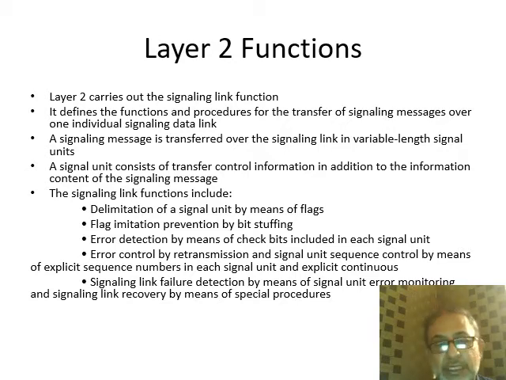The main functions include the delimitation of signal units by means of flags, flag imitation prevention by bit stuffing, error detection by means of check bits included in each signal unit, error control by retransmission, and signal unit sequence control by means of explicit sequence numbers in each signal unit, and explicit continuous signaling link failure detection by means of signal unit error monitoring and signaling link recovery by means of special procedures.